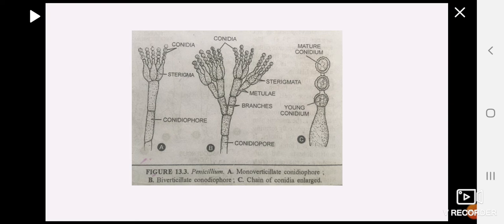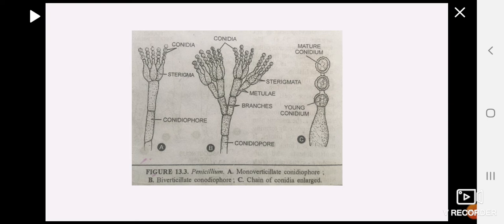So you can see here that each branch ends with a medulla, and each medulla bears a cluster of sterigmata, and each sterigma is a long bottle or flask-shaped structure which bears the conidia in chains. And in this way, you see here that the conidia are present in chains.